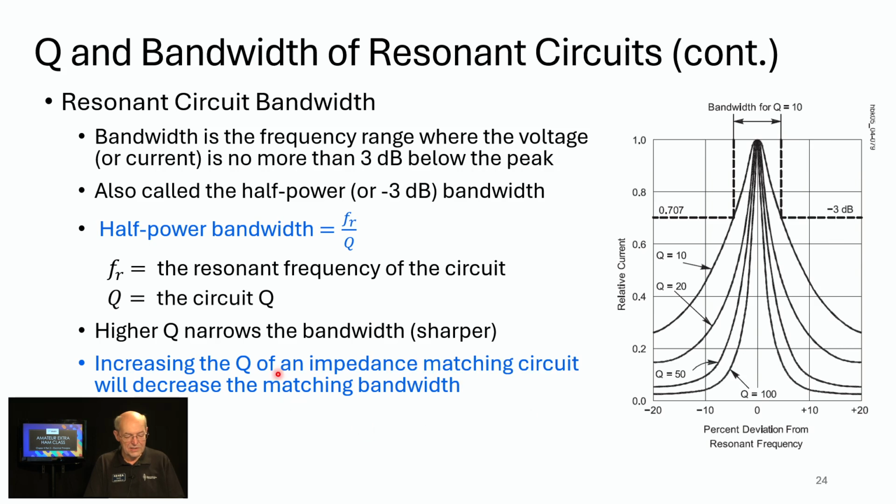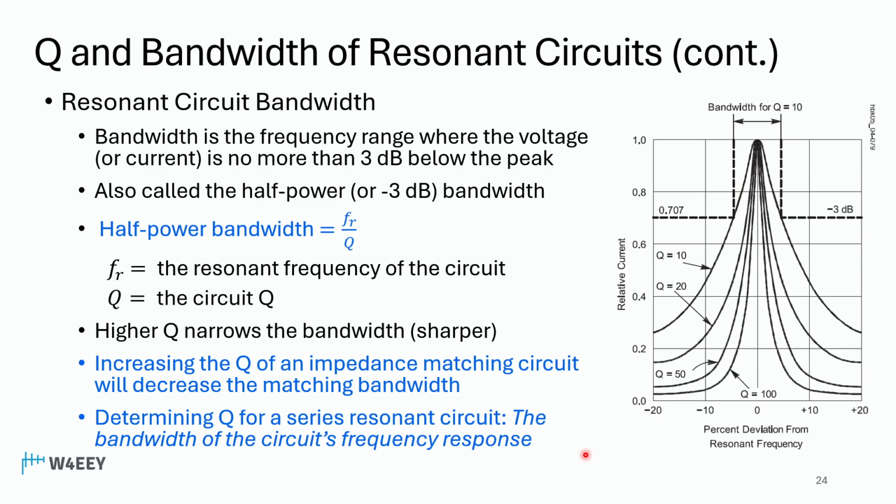So if we increase the Q from 10 to 100, it's going to decrease the matching bandwidth. We're going to go from our 3 kilohertz to our 150 hertz. So it's an inverse relationship. And it says impedance matching circuit. Well, that could be an antenna tuner. It could be a circuit that's matching impedances between 2 stages in a transmitter. But the important thing is the relationship here.